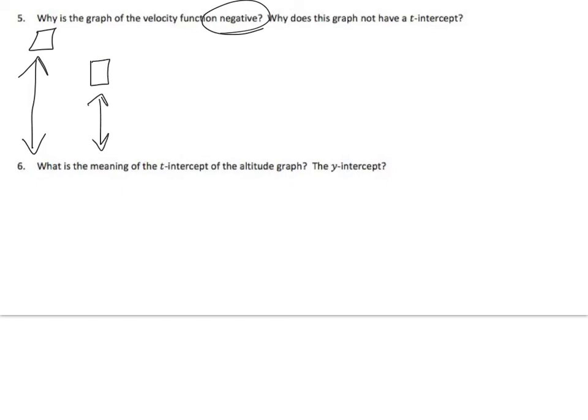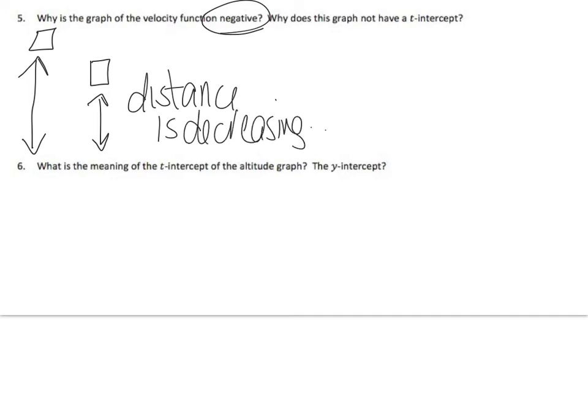So the distance is actually decreasing. So that's why our velocity function is negative, because velocity is distance over time. Since our distance is decreasing, we make our velocity negative. That's a very scientific thing that you now know that you didn't before.